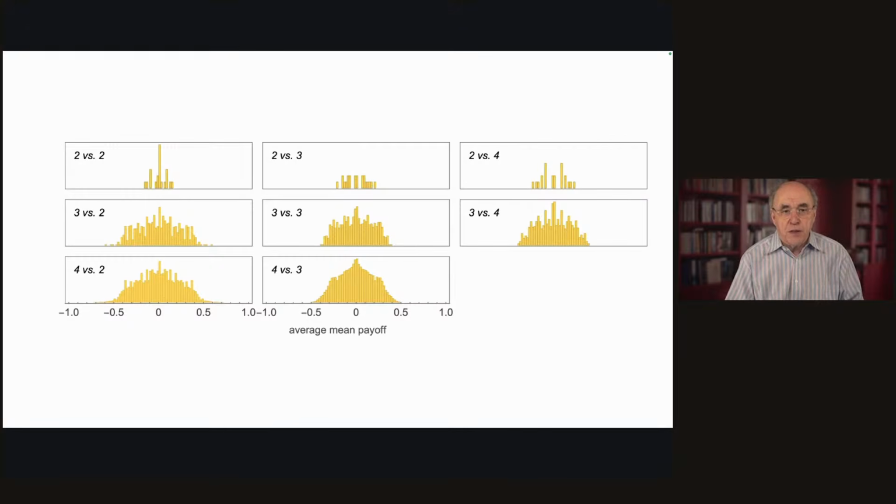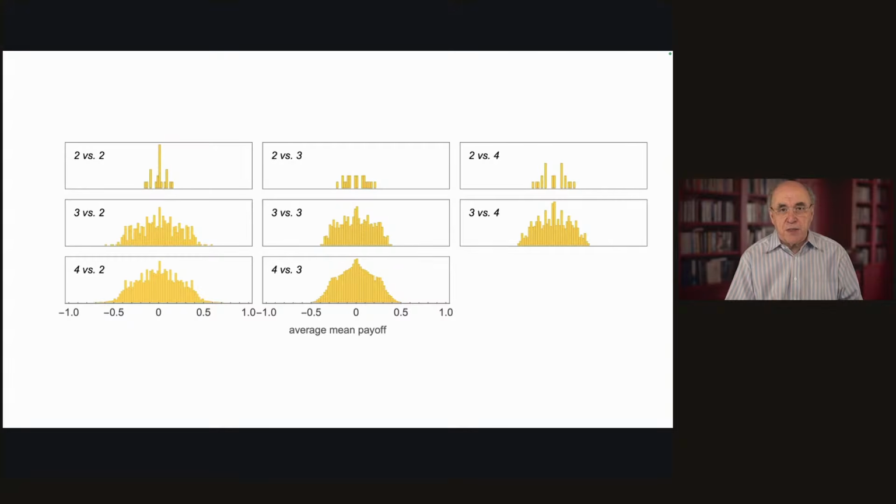Part of the reason that the distributions are wider when you have more states is just that there are more possible higher-state machines than lower-state machines. But something notable is that the very broadest distribution is for three-state machines competing against two-state ones.